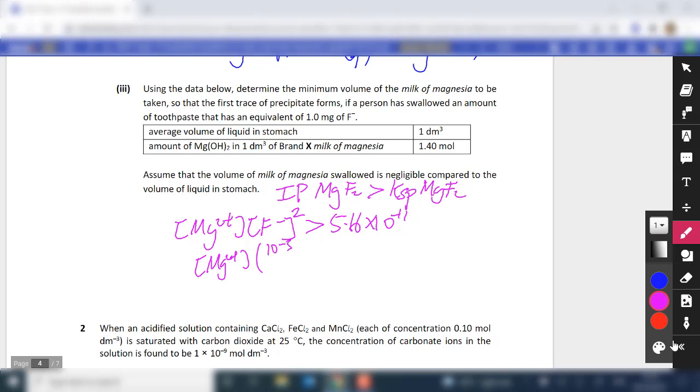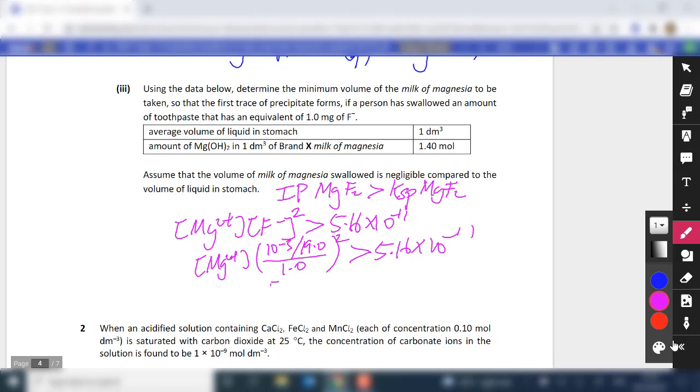You need to divide by the Ar of fluoride, same as fluorine, so that's 19.0. And then you divide by the total volume. Because they mentioned that it's negligible, you can assume the total volume to be 1.0 as well, and then exceeding 5.16 times 10 to the power minus 11. Okay, not to forget the square here.